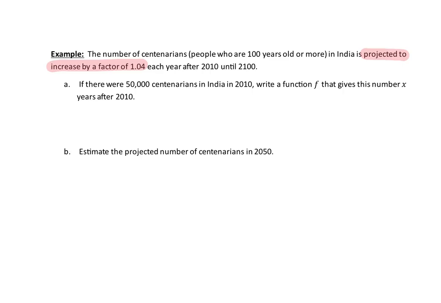Because we have that phrase, factor of, this is my base multiplier. So b equals 1.04. And that's all that sentence gives us.